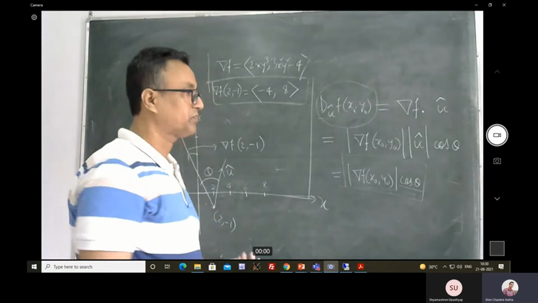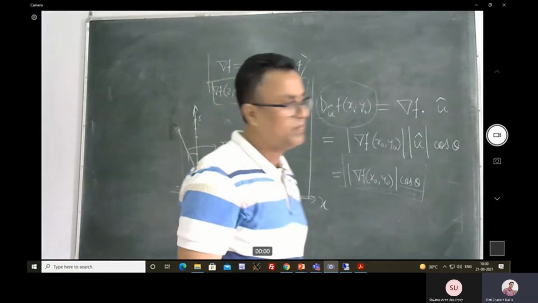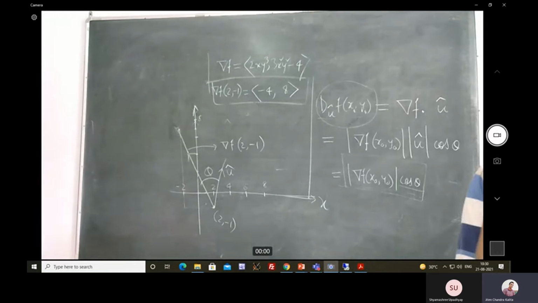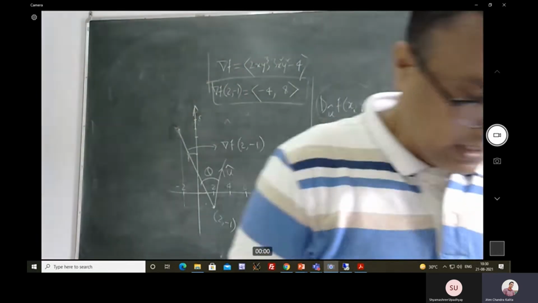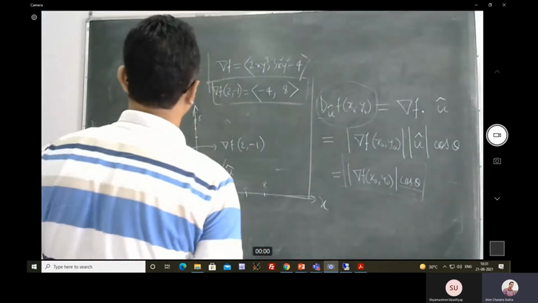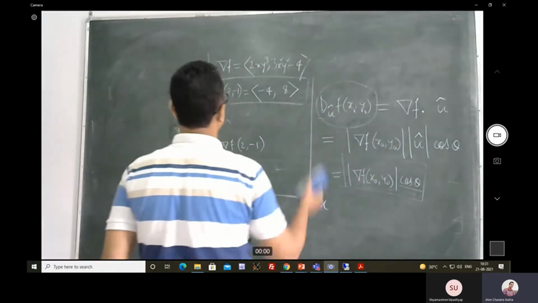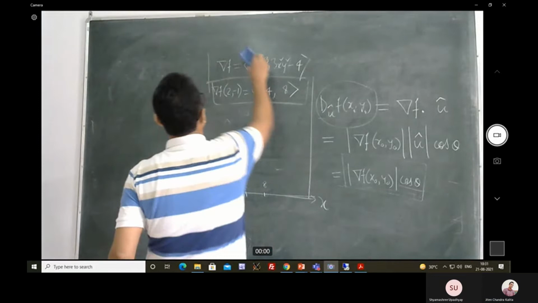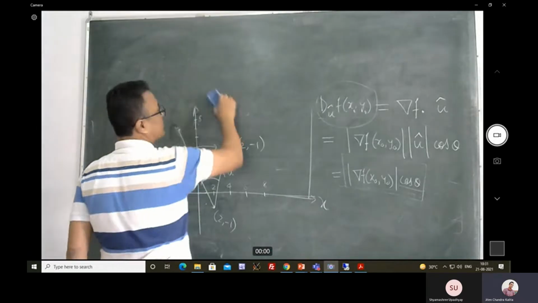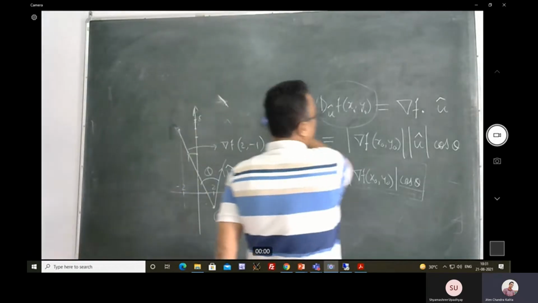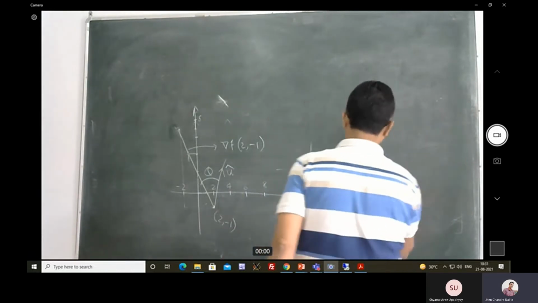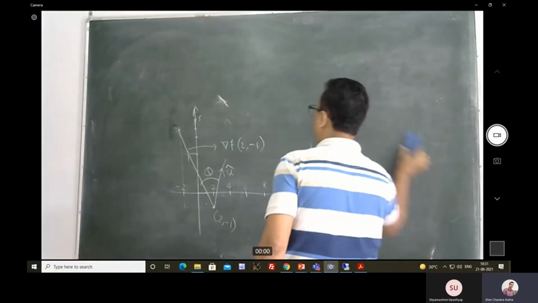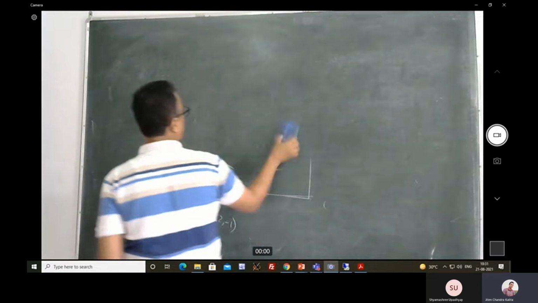Is it okay? Fine. So you may be thinking where it is going to be useful. Let me consider a practical example. Visualizing maximization of a function, you must visualize the gradient of a function at a point as a vector.